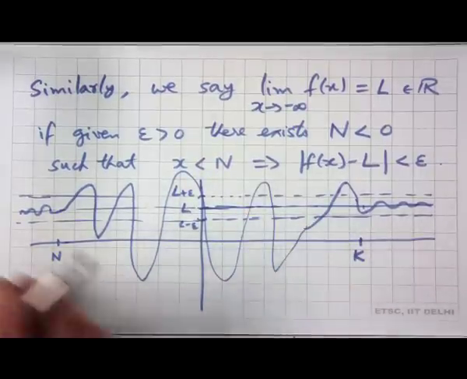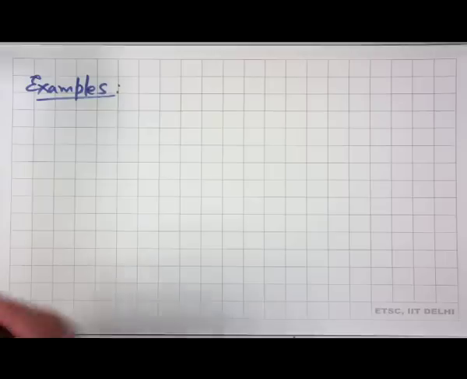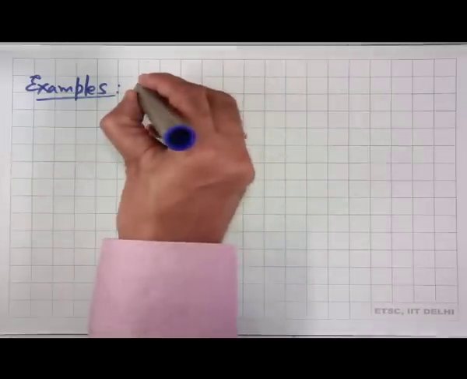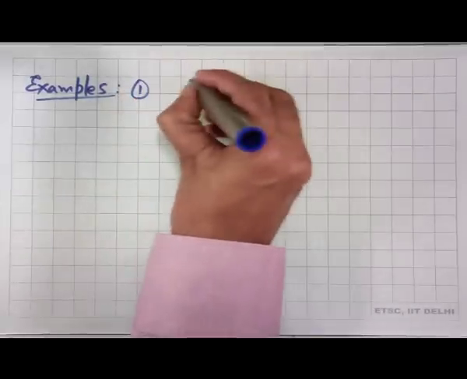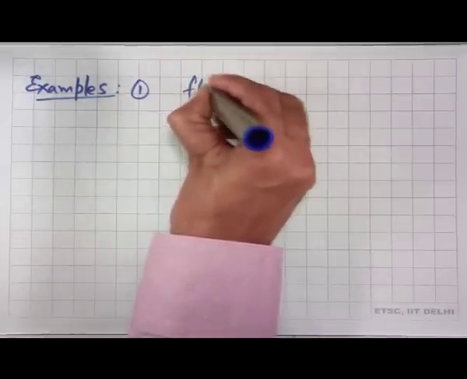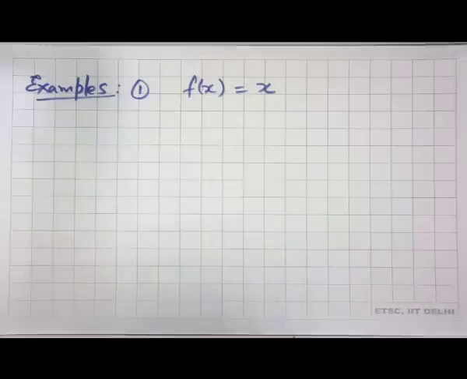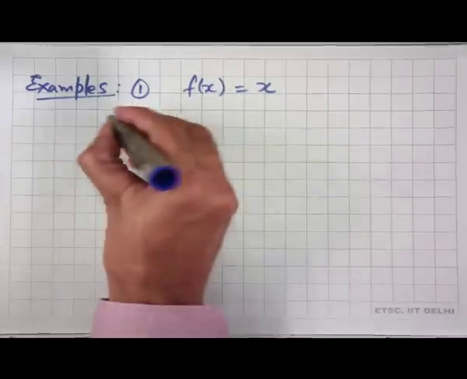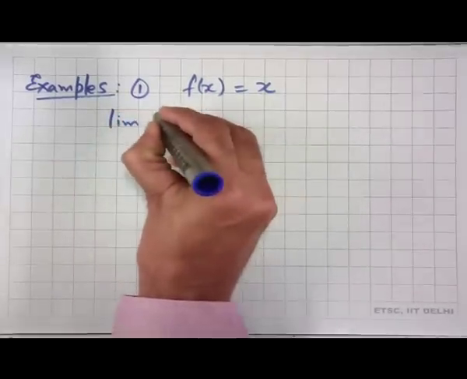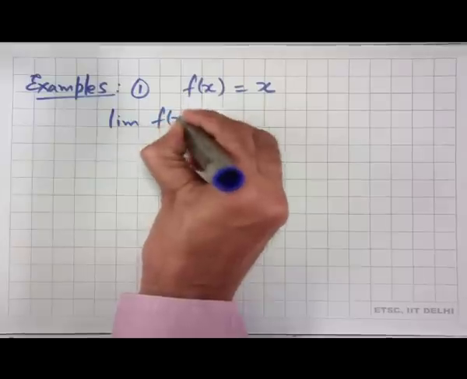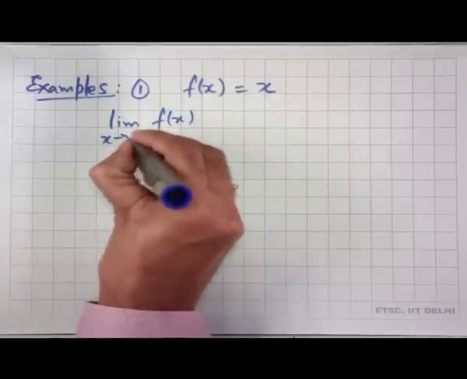Now, let us see some examples. Simply, if we take f of x equal to x, what is the limit of f of x as x goes to infinity?